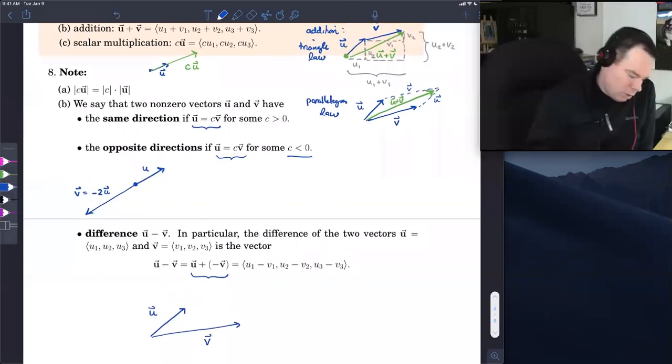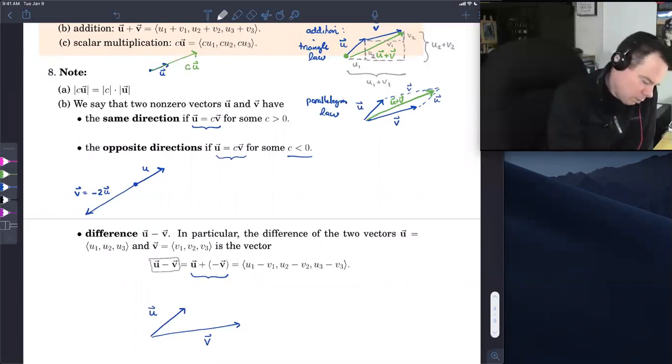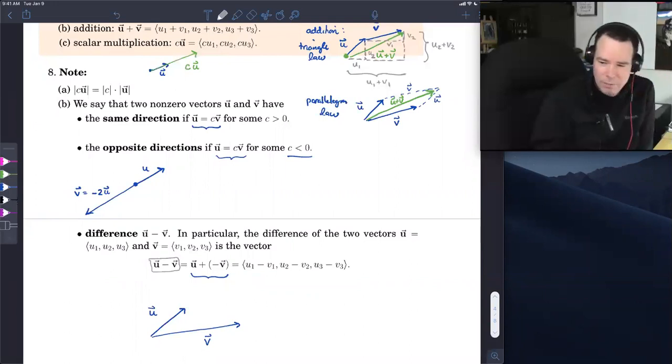I'm trying to figure out how to draw this in my picture. Well, u minus v is a vector that when I add it to v, gives me u. So when I add u minus v, whatever that vector is in terms of the picture, to v, I've got to produce u.